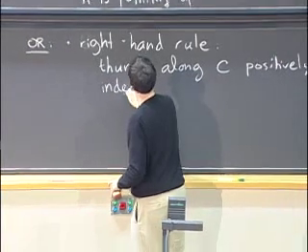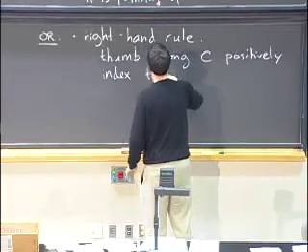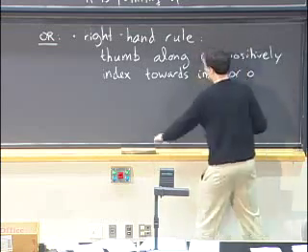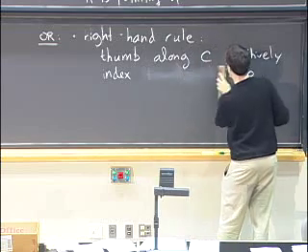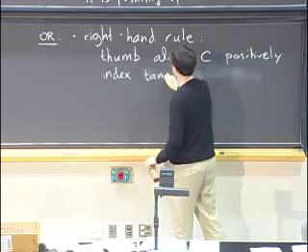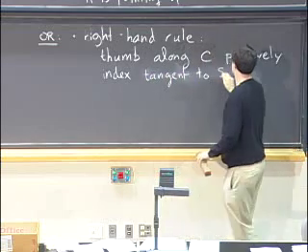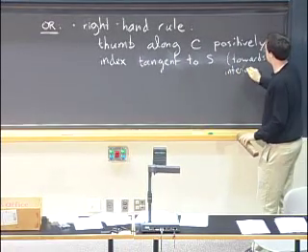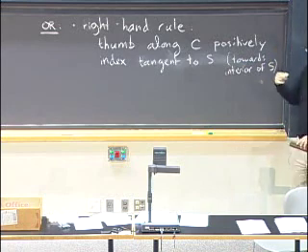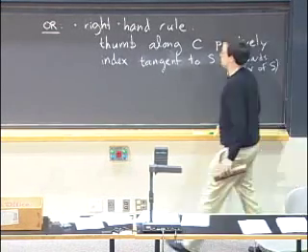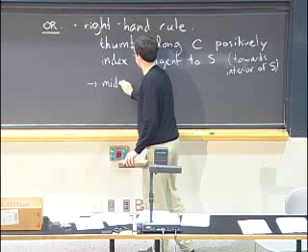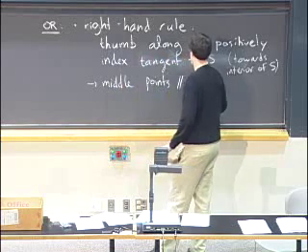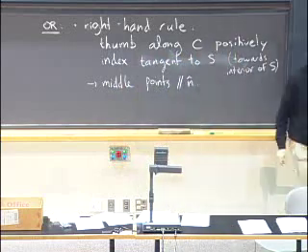The index finger tangent to S towards the interior of S. So what I mean by that is really the part of S that's not its boundary. Okay, so the rest of the surface. Then the middle finger points parallel to N. Okay?